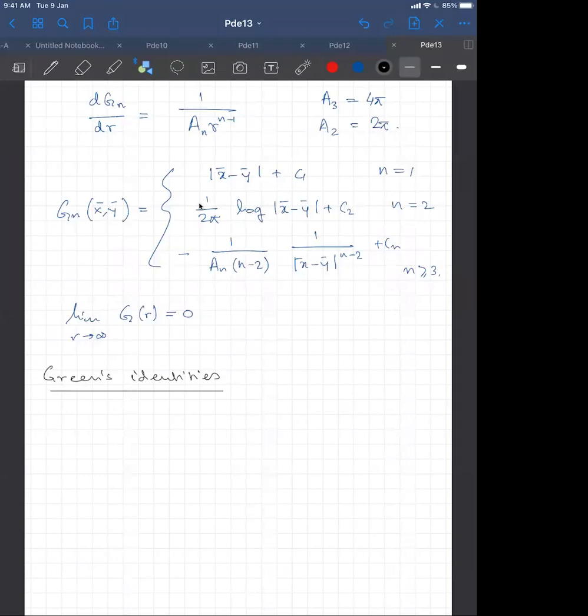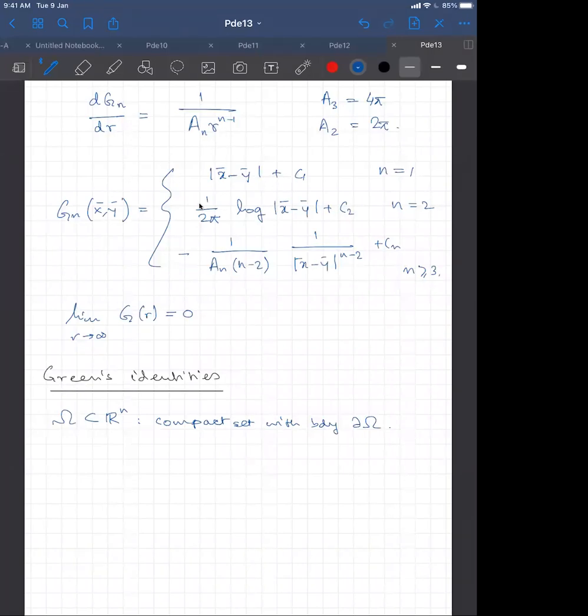Now we are going to start off by supposing that we have omega, which is a subset of Rn. This is a compact set with boundary d omega.